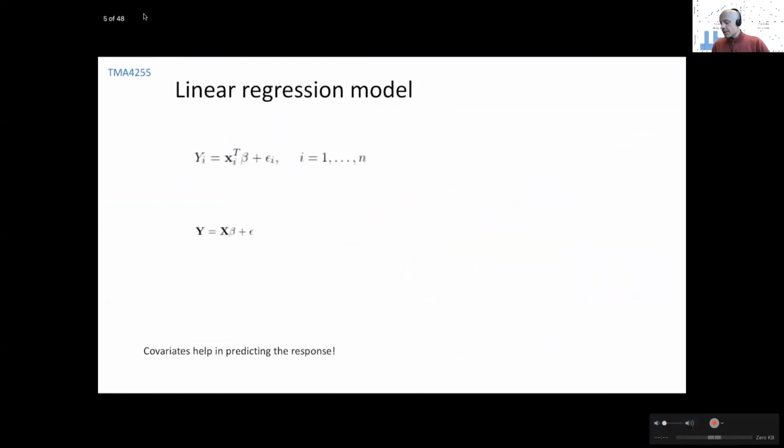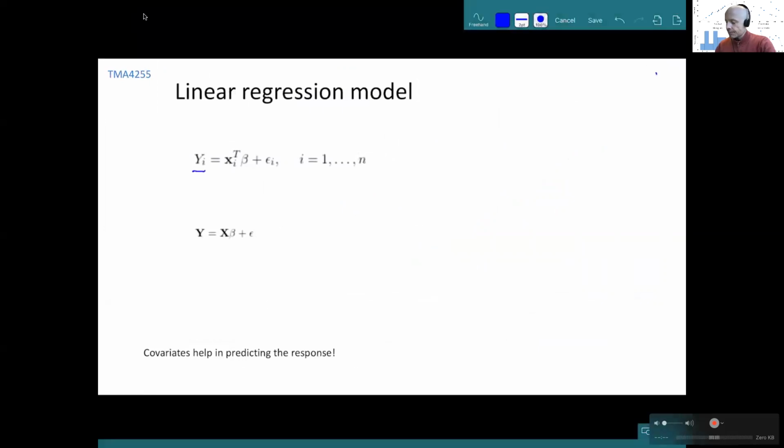Okay, so what is this thing assuming? We're assuming that we have some response. So this is again the response variable. And in the model, we say that this response is regressed on some covariates. And to indicate the weight on the covariate, we have these regression parameters. And that's what we will estimate.